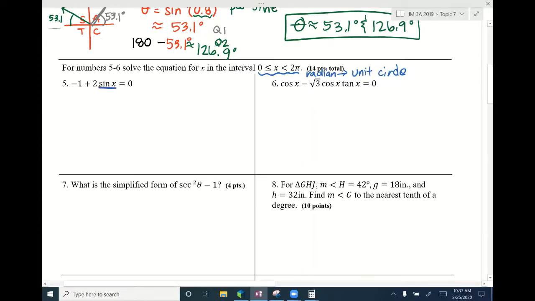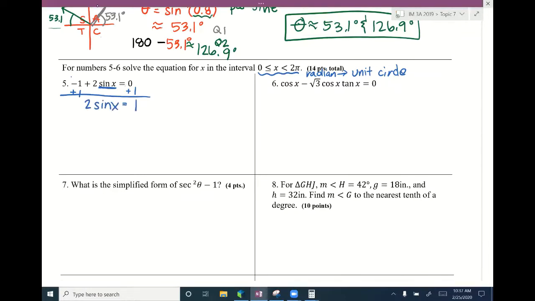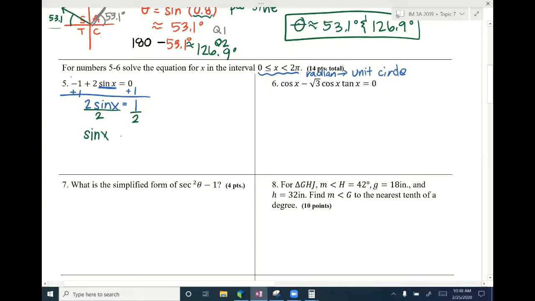So I want to start by adding 1 to both sides of my equation, and I end up with 2 times sine of x equals 1. Then I have to divide by 2. So sine of x is equal to 1/2, which means that x is equal to the inverse sine of 1/2.